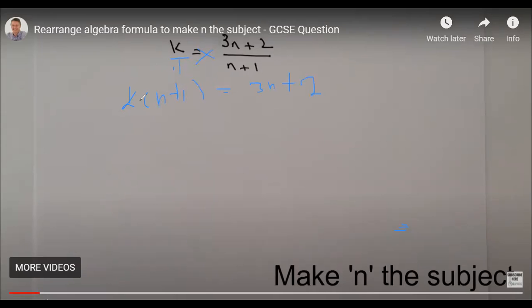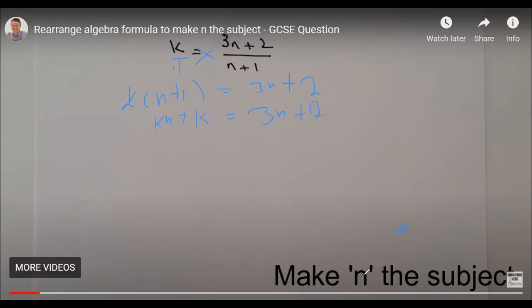So k times n, what will it give? What is k times n? So k times n will give us kn, then k times 1 will give us k, and this is equal to 3n plus 2.